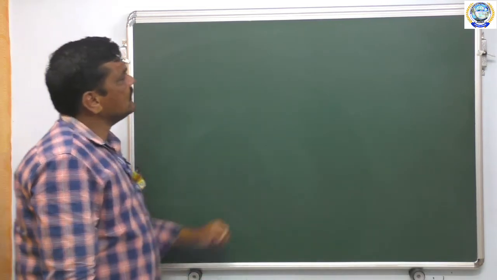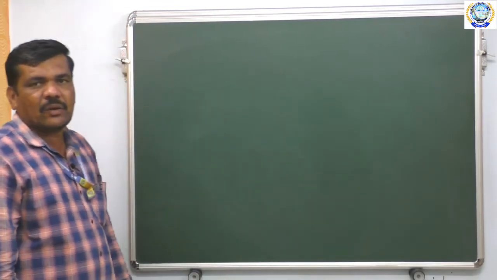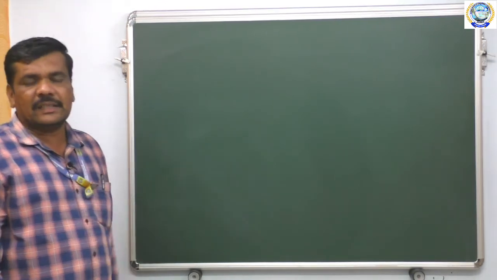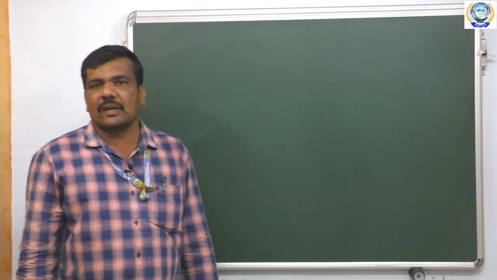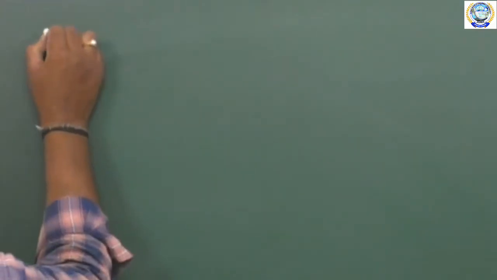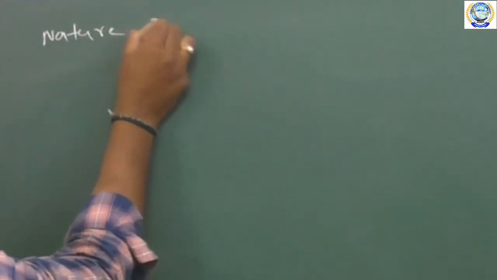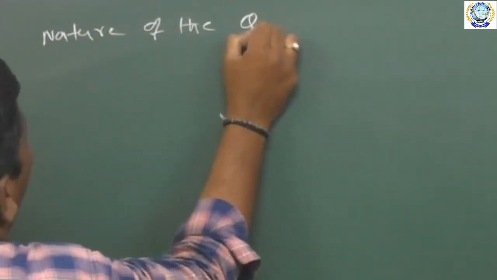Next, to define the nature of the quadratic form: how to identify the nature of the given quadratic form?